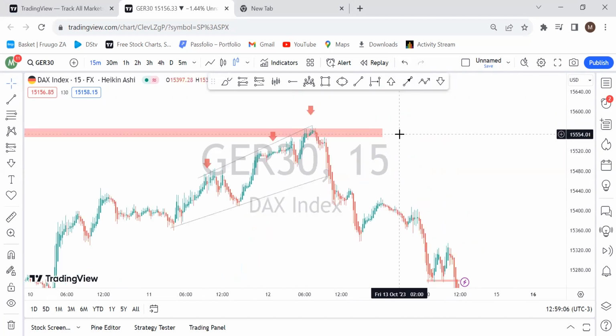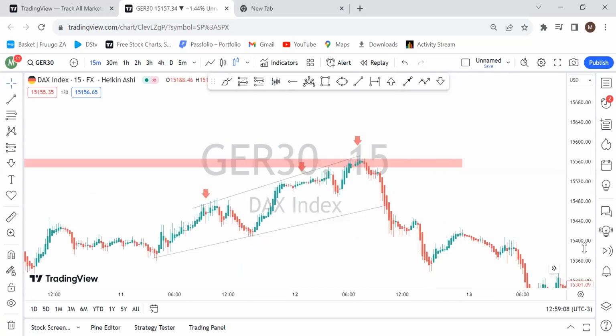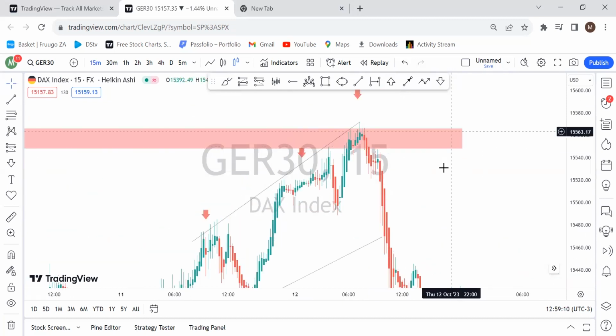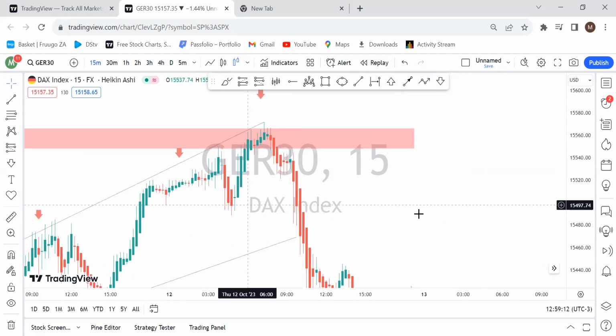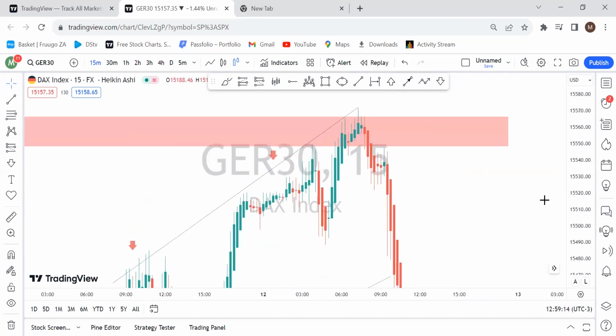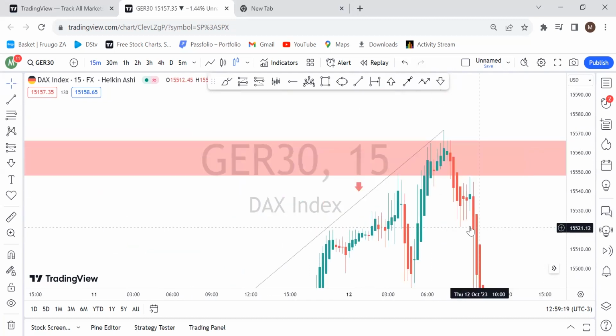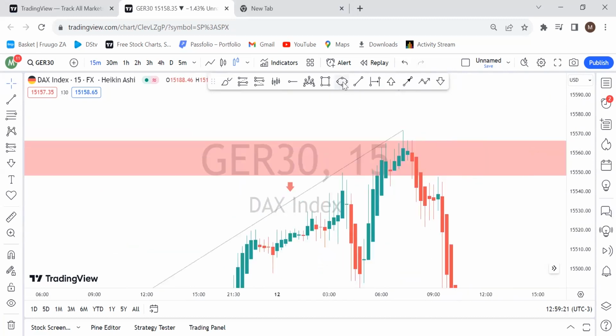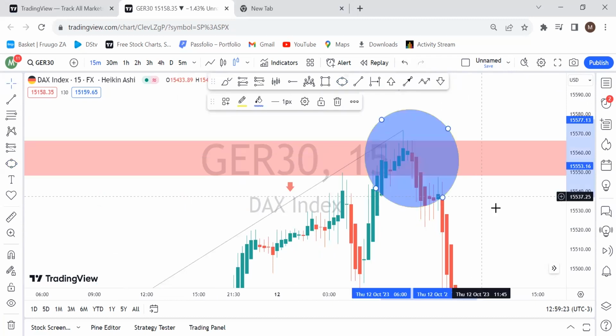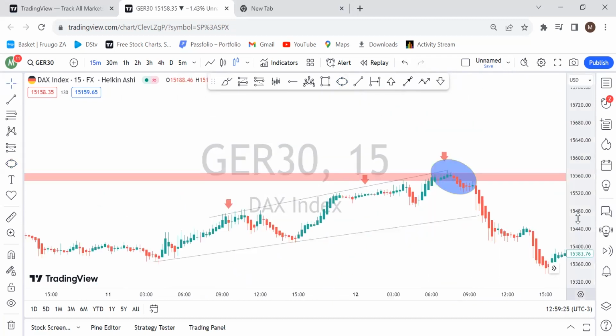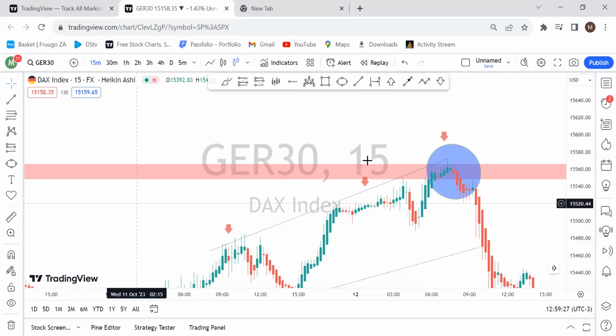So for a risk entry, well, it's less of a risk, to be honest, because we have so much to confirm before we enter. So we focus on the third touch, which is this area, obviously. Third touch, illustrated by the arrows.